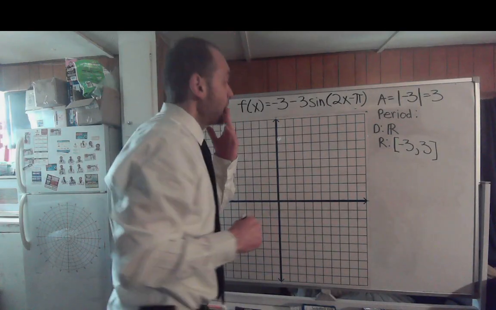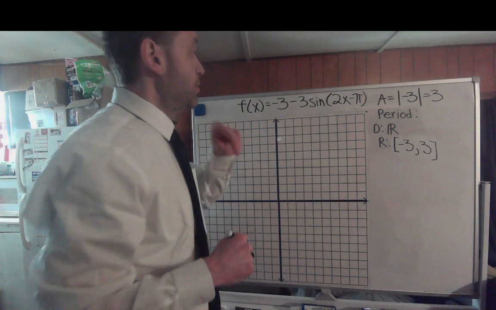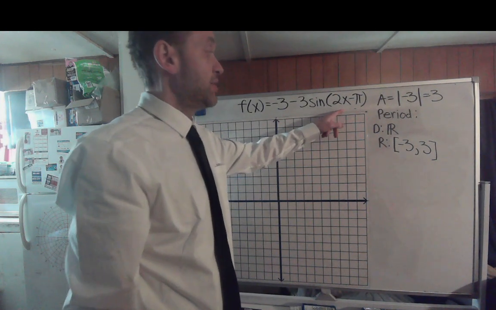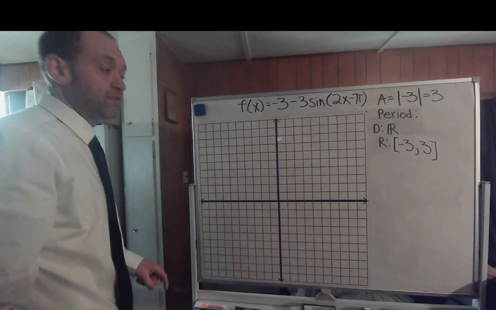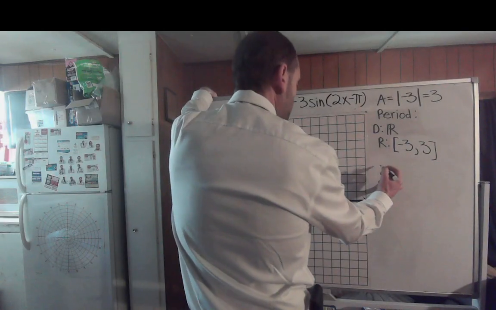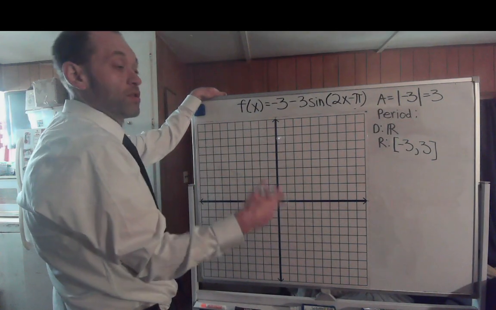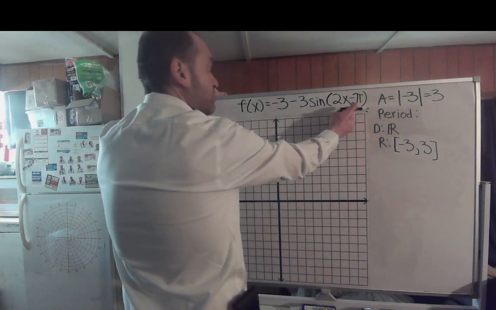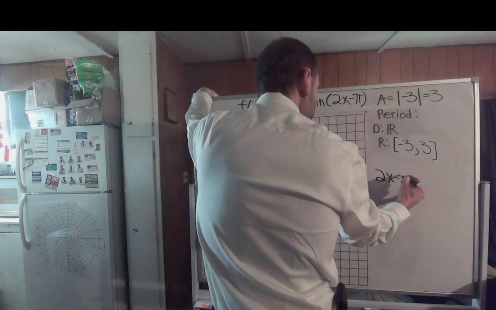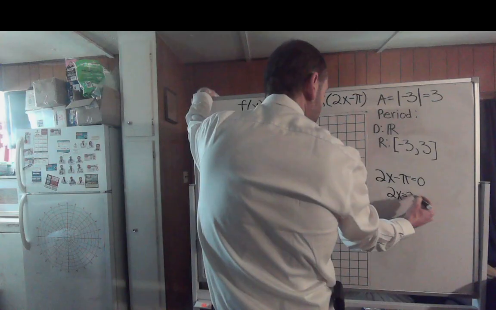Here's the thing now. You have 2x minus pi. If you want to figure out your shift, this is definitely going to be a horizontal shift to the right because it's 2x minus pi. So take that 2x minus pi, set it equal to 0, you would get 2x equals pi.